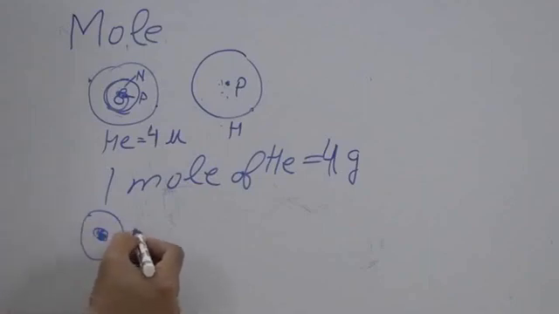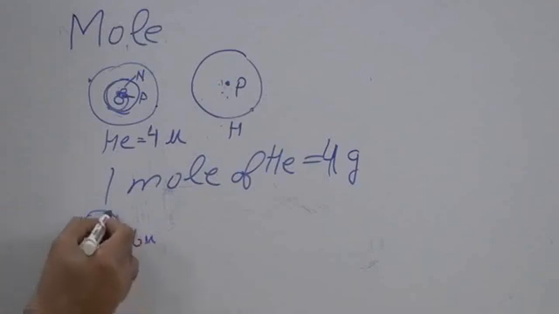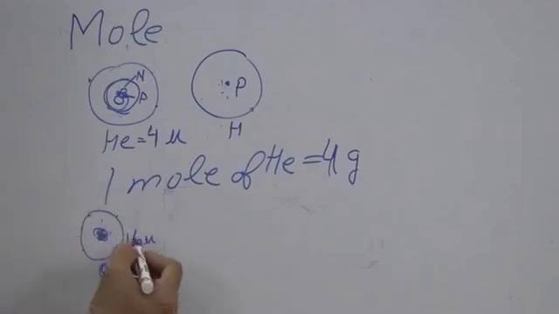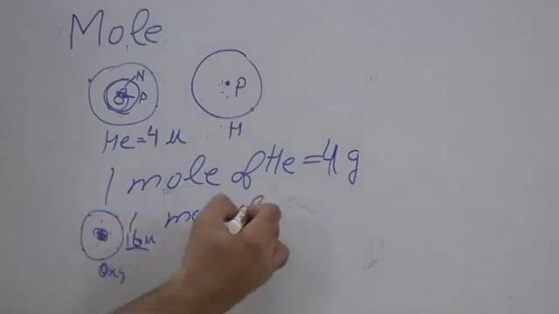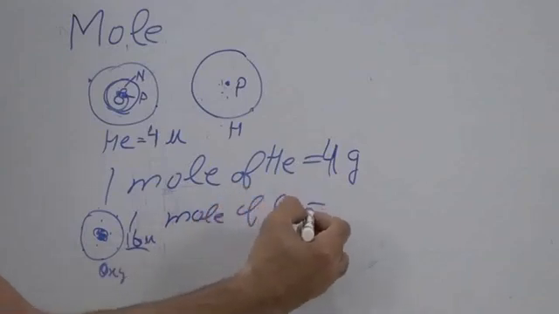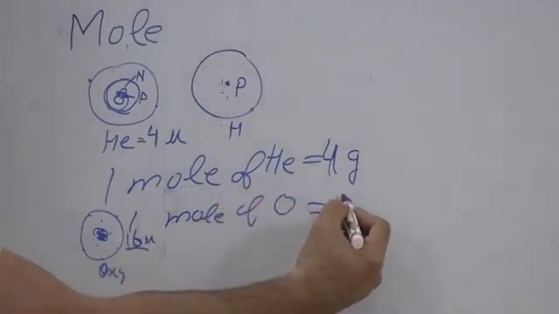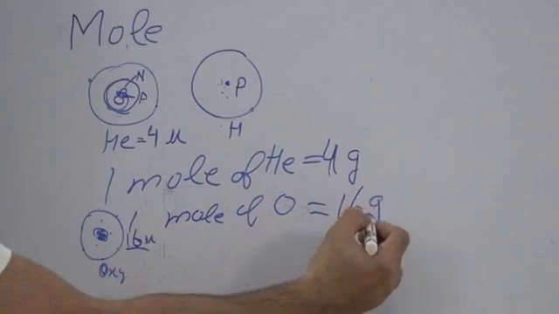Means 16 U approximately. 8 electrons are also there, 2 and 6, but we are ignoring that for the time being. We are simply counting. 16 U approximately. Therefore, 1 mole of oxygen atoms would weigh how much? 16 gram.